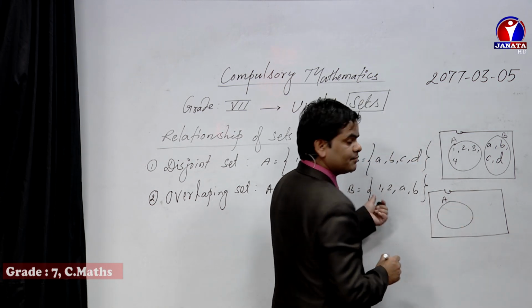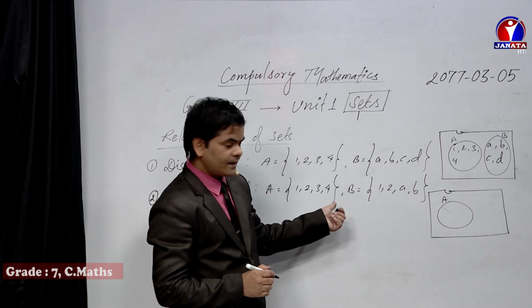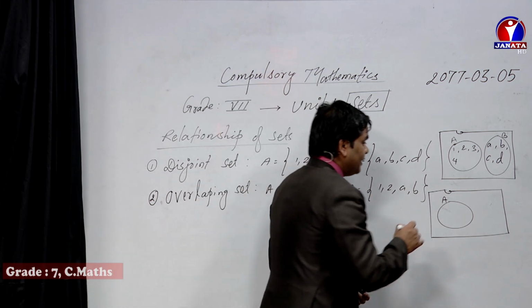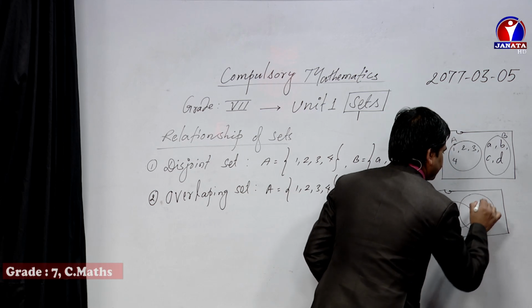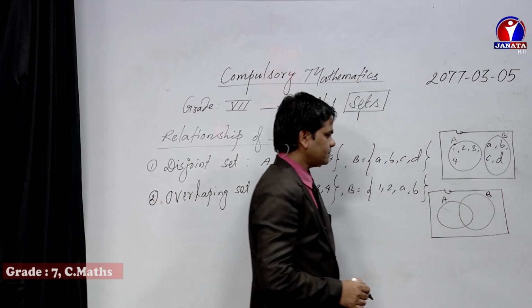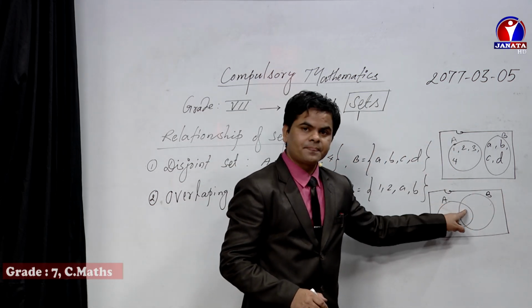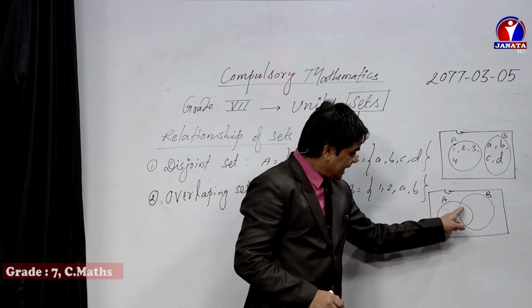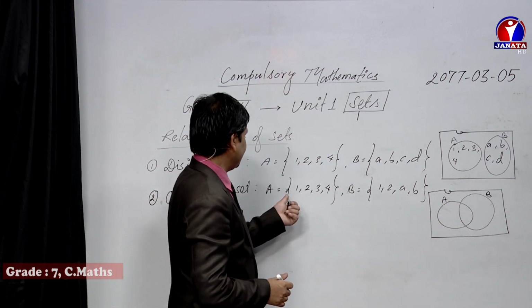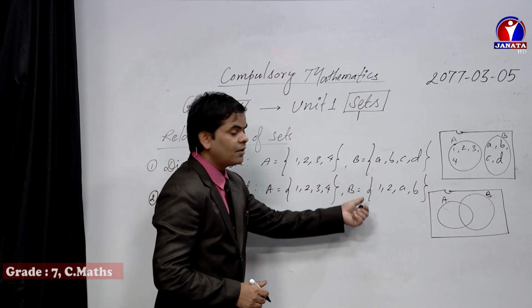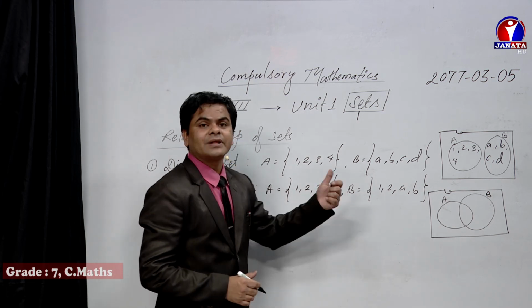If there is something common between the two sets, we need to make an overlapping situation, dear students. Here is the common area, and in that common area we need to keep the elements which are common between the two or more than two sets.